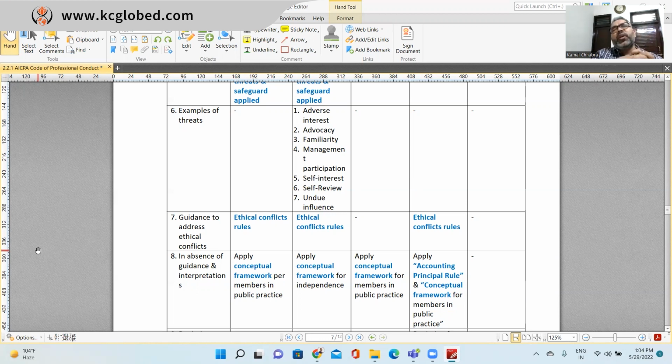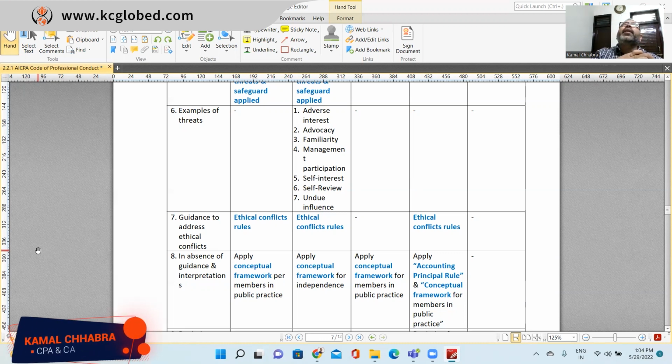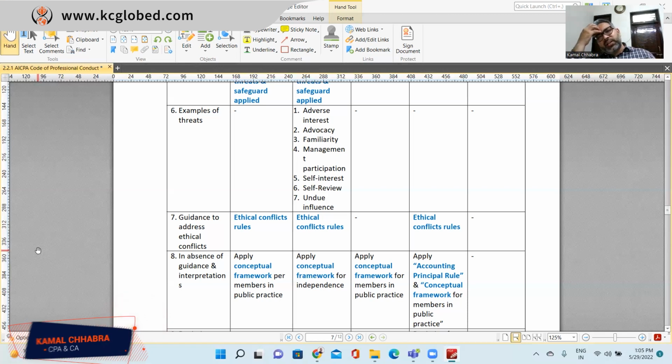So for example, you are doing the audit of, let's say, Mahindra and Mahindra, and you have made an investment in, let's say, Honda. You want the Honda share price to go up, and there might be things you want, like Mahindra and Mahindra price should go down, then only your Honda share price will go up. So here you have adverse interest.